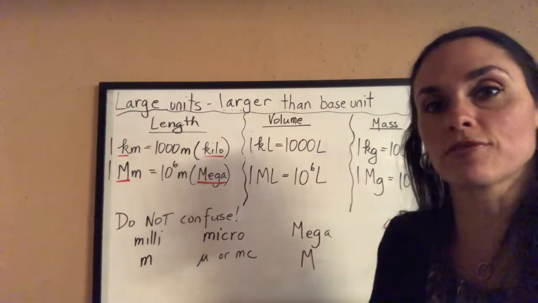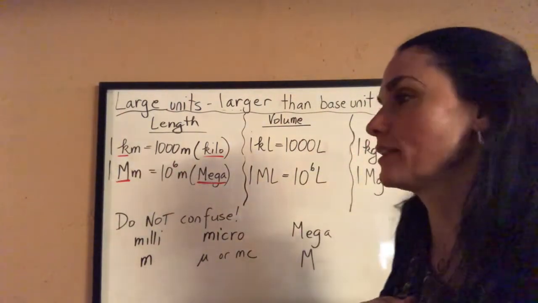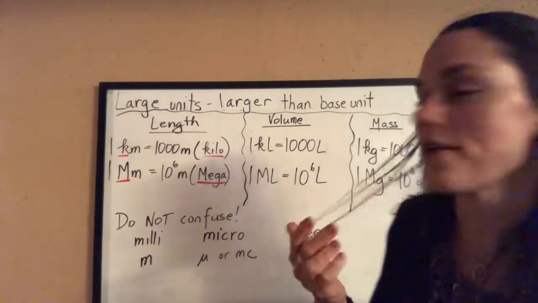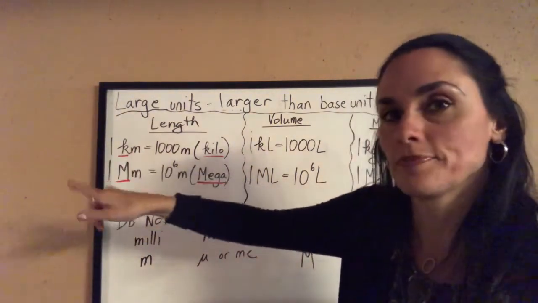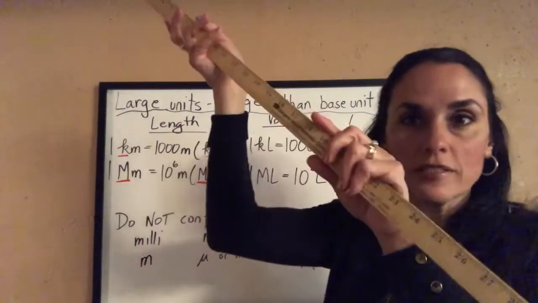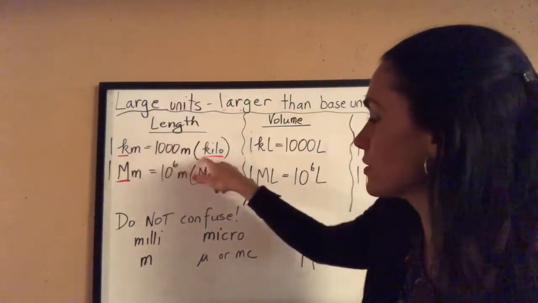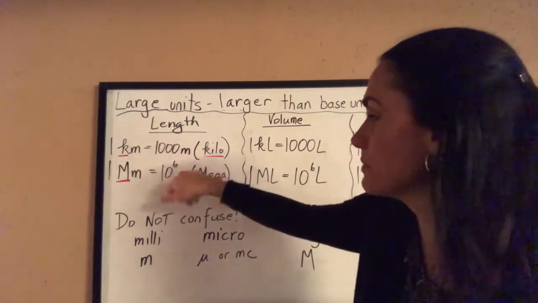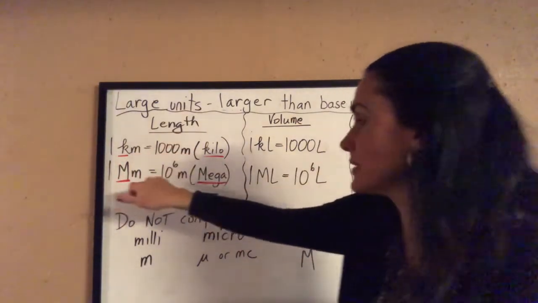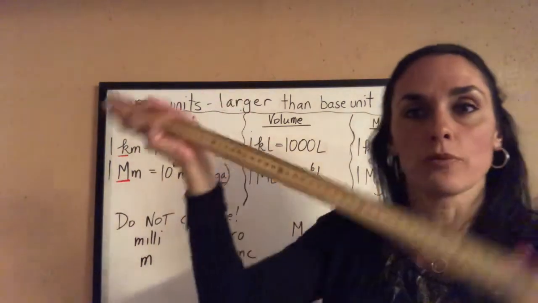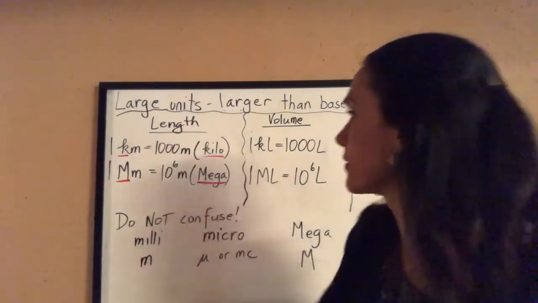When somebody does running and they run a 5K race or whatever, okay, 5 kilometers. That's 5,000 of these. All right. So a kilo is a large unit. 1 kilo, 1,000 meters. A megameter is 1 million meters. If I had 1 million of these lined up, I'd have a megameter.